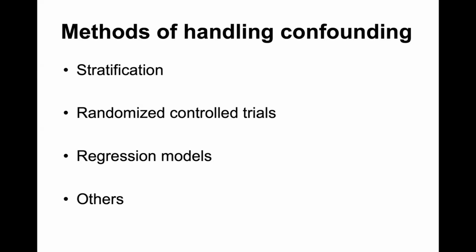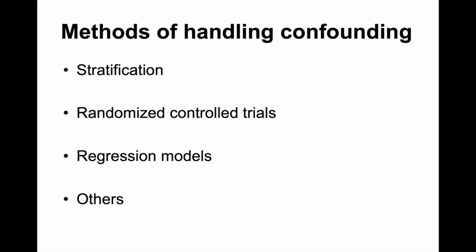Stratification is another one, and sometimes we stratify within randomized controlled trials. So stratification could mean, for example, in a randomized controlled trial, we are going to stratify by sex, because we want to over-enroll female sex.